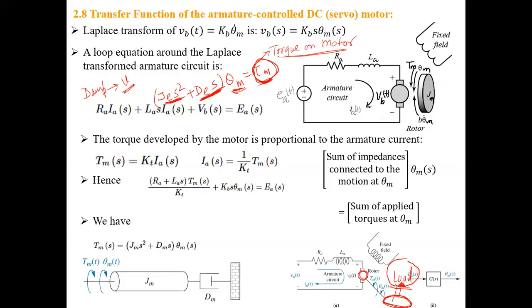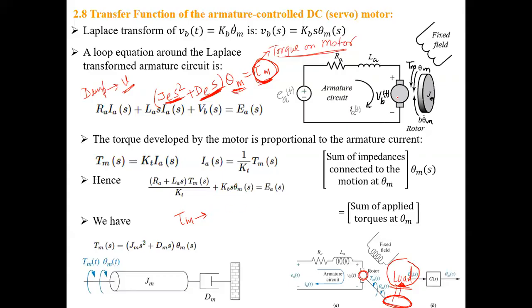I'm waiting for a question. So let me say it one more time. TM is the torque of the motor, right?